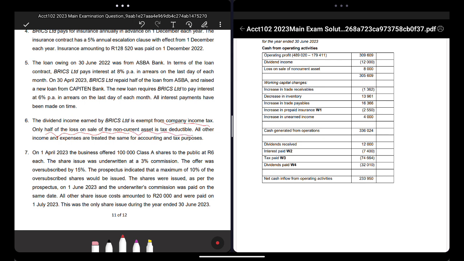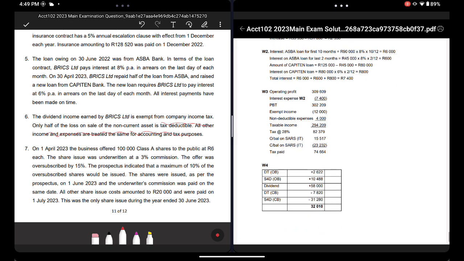The formula to calculate your tax is that you first have to get your taxable profits. To get that, you take your operating profit minus your interest expense, which you worked out in the previous question. That gives you the profit before tax.